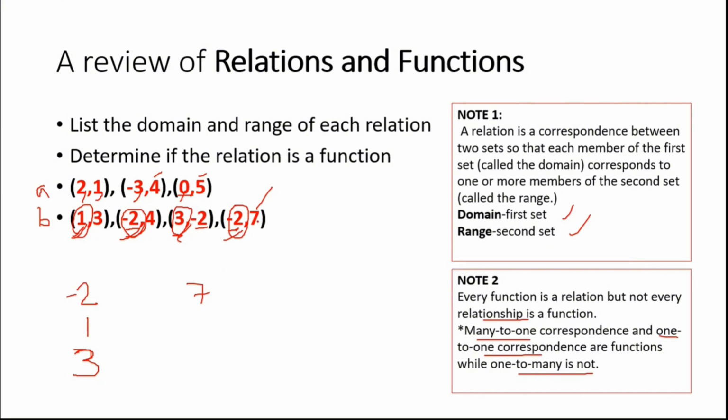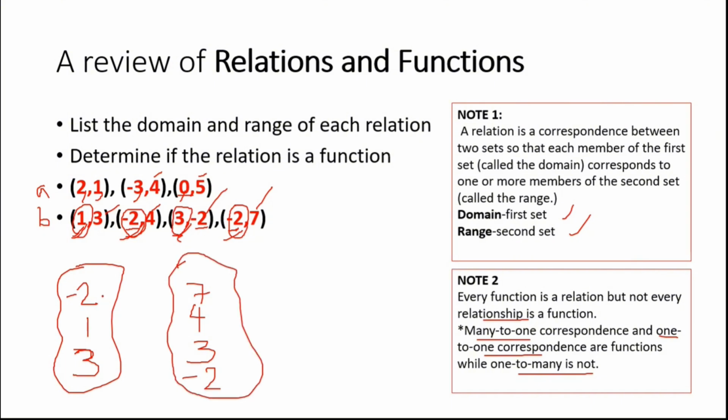What comes next? 7, and then 4. We have 4, and then 3. And the next one is -2. Let's connect the domain to range.